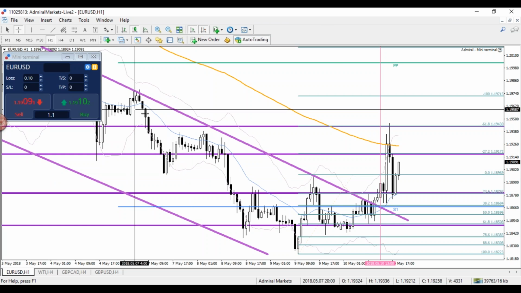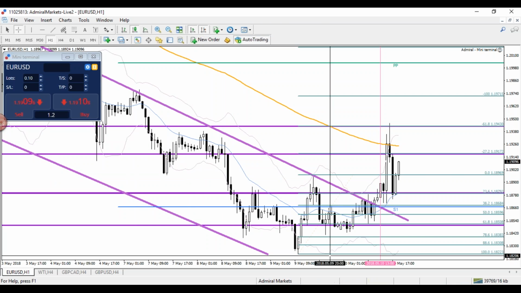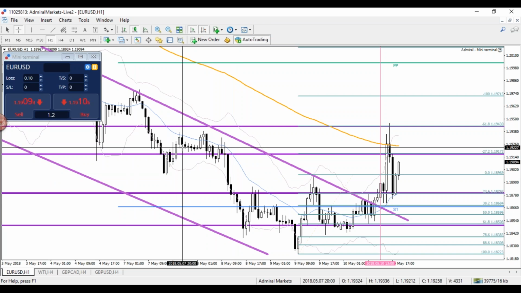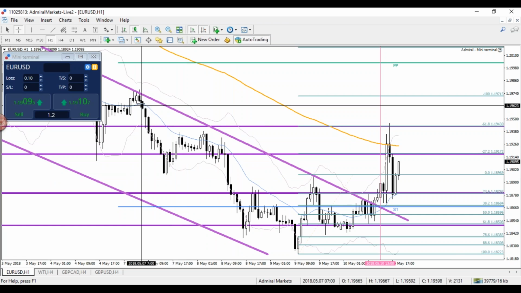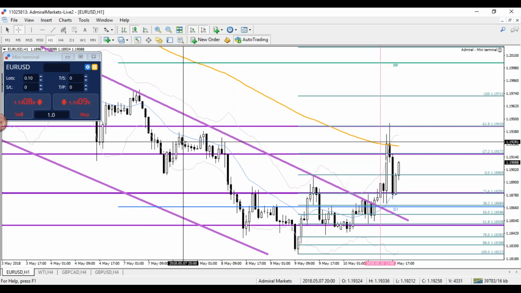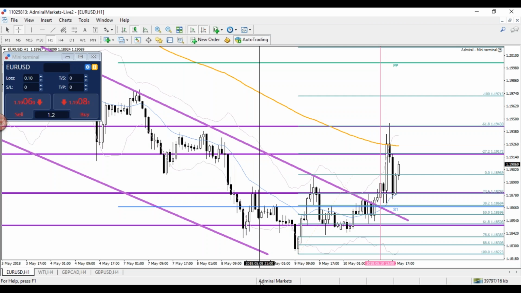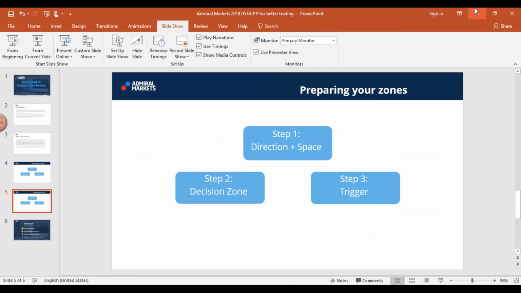But you could say that the trend is down, no key support zone until 117.50, 118, so there's enough space. Patterns, this is looking like a momentum, this is correction. There's space to the downside. You're looking for downside trades here. You have space, direction is known, decision zone.